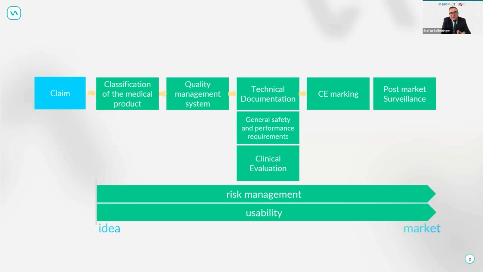By having a software, it does not change anything on the overall procedure. So it still goes with the claims, with the classification of the device, starting at the quality management system, defining what you need to do and how your organization works, your technical documentation with GSPR, clinical evaluation, performance evaluation, and the combination with risk management, usability, CE marking, and then also post-market surveillance. The general principle does not change.